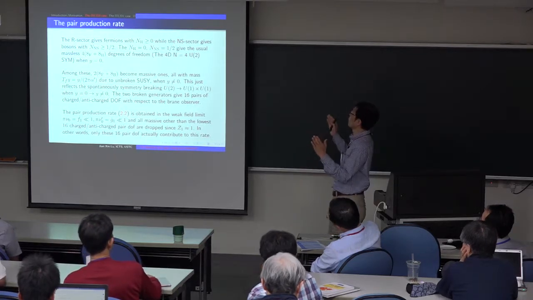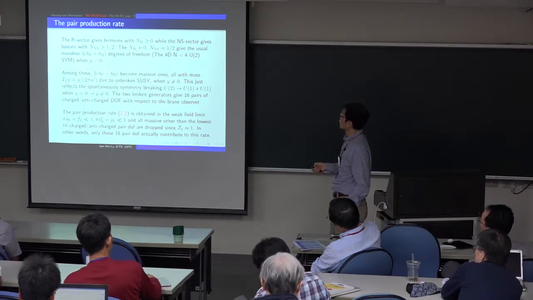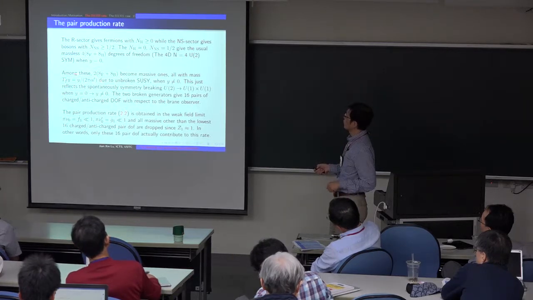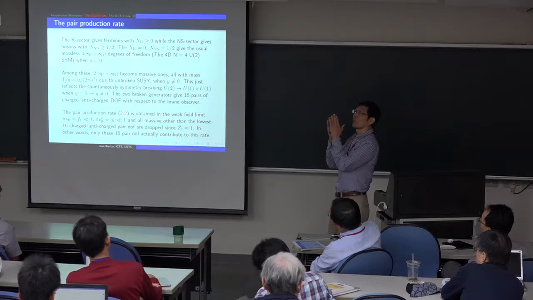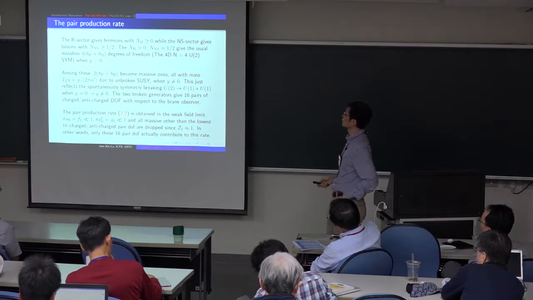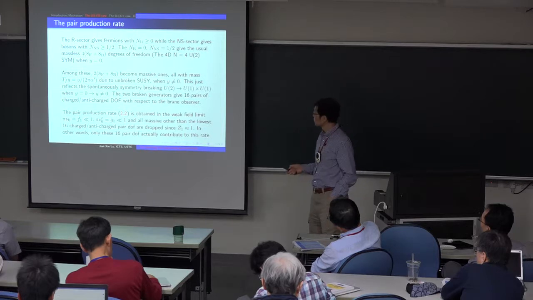If we move the two D3-branes away from each other, among these four generators, two are broken and become massive, always with the same mass. When two D3-branes are put on top of each other and then separated, the supersymmetry remains the same. That's why all the modes should have the same mass.